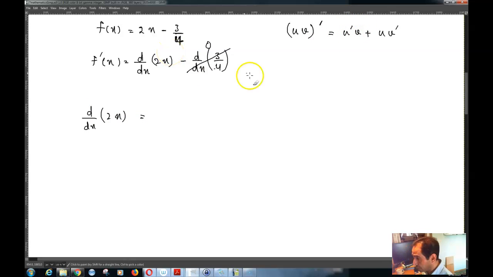So u prime is the derivative of 2, which is 0, so 0 times x, plus u times v prime, so 2 times 1. So this is equal to 2. And of course it makes sense because it's just a straight line having the slope 2. The slope of the line is the derivative of the function, and that is equal to 2.